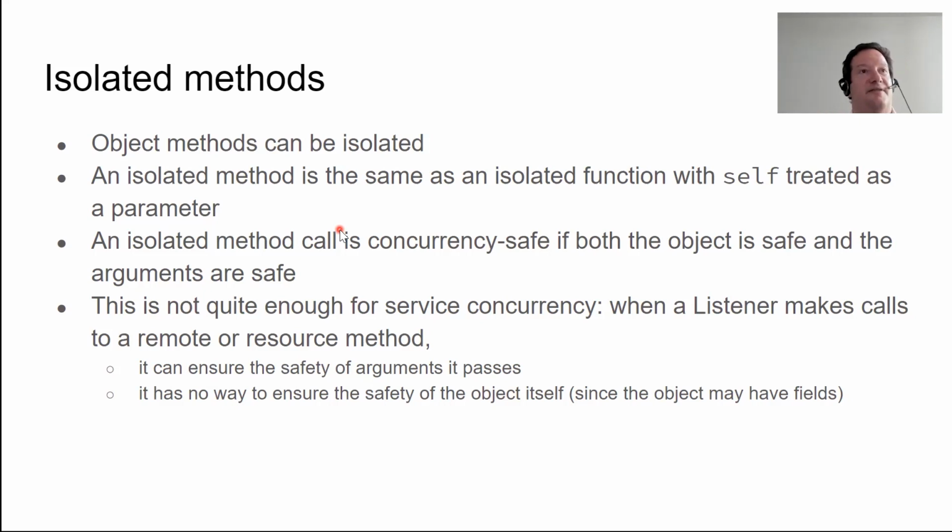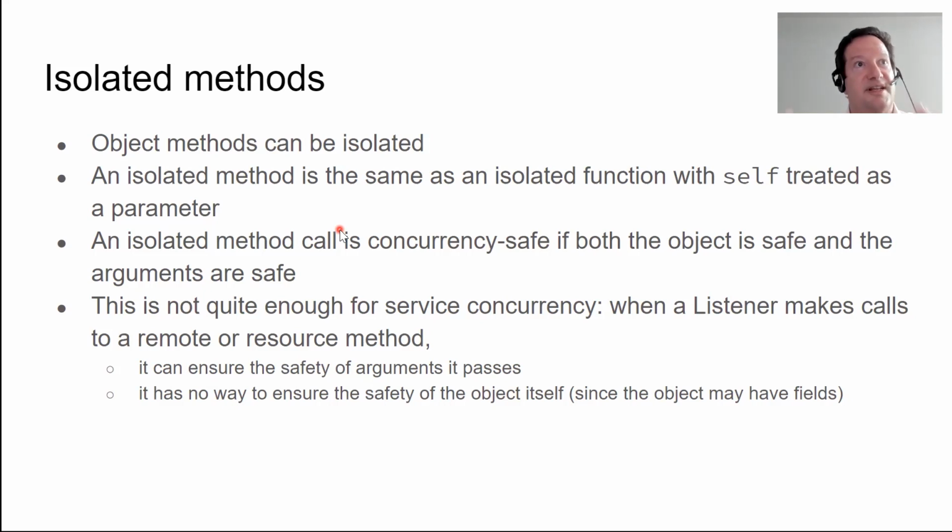Unfortunately, this isn't enough to get service concurrency, because if you think about a listener making a call to a service object, it's the listener that creates the parameters. The listener gets a network message and is responsible for turning that message into a bunch of parameters that it passes to the service object.